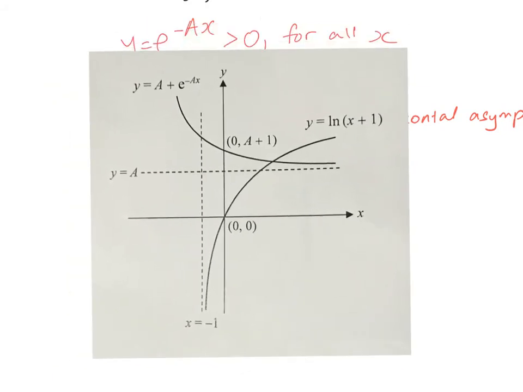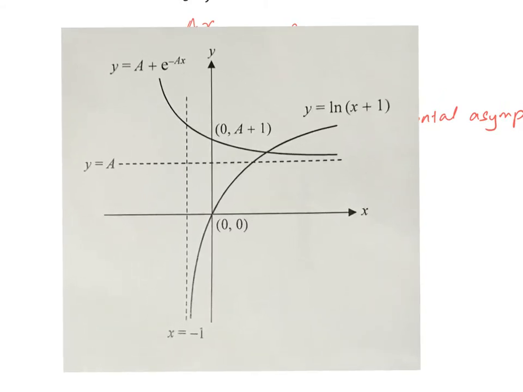Include the points where the graph crosses the axis, which is over here, and the equations of the asymptotes: x equals -1, and the points 0 and a plus 1. You must remember to label the graph.